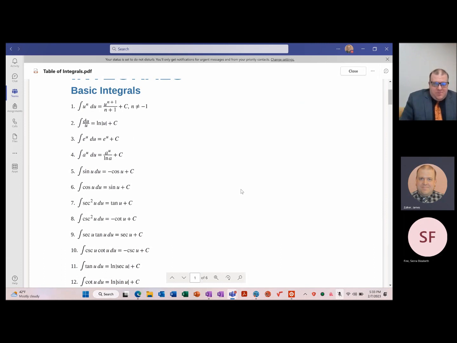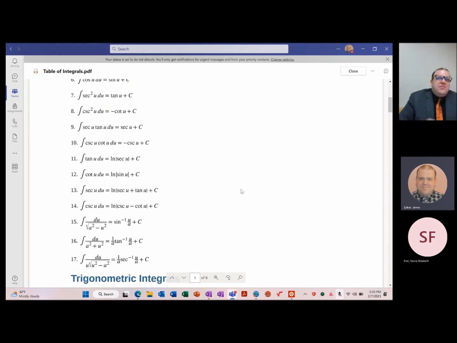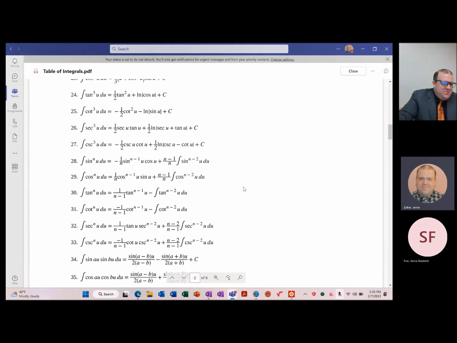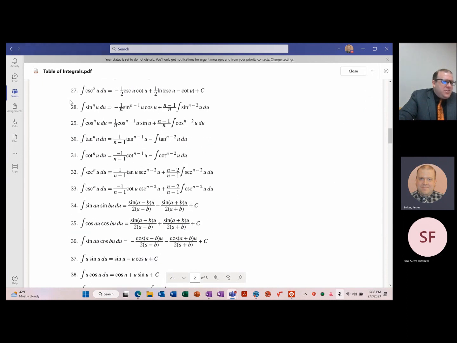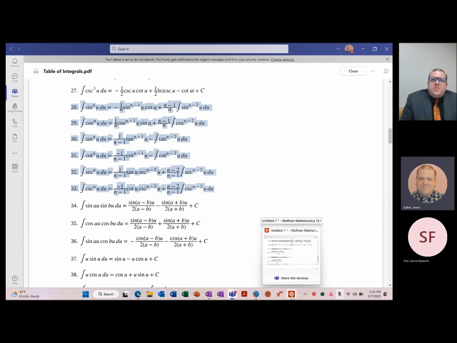For this first upcoming test, those basic integrals, you're allowed to use regardless. On the trigonometric integrals, I will allow you to use those 6 reduction formulas as well for any problem. That's it. Unless the problem specifically says use a table. For the first test, you're not allowed to use the table except for what I just mentioned.